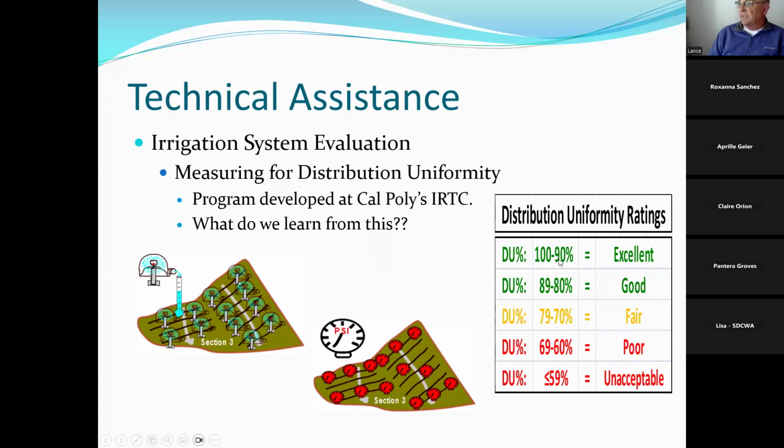Anything in the 80s is considered good, and anything above 90 is considered excellent. Industry standard for a well-maintained micro irrigation sprinkler system, say in an avocado or citrus grove, would be 85%. That's the number we're shooting for with a micro sprinkler. In drip, we consider standard at 90%.